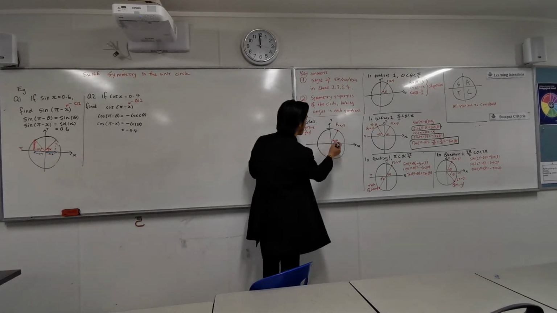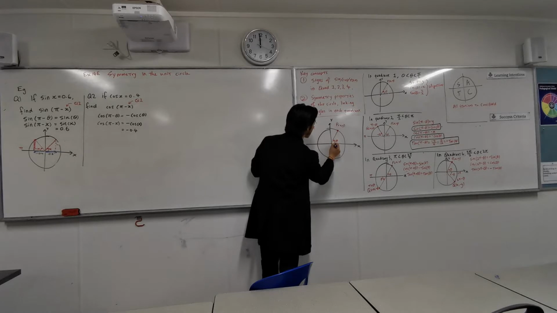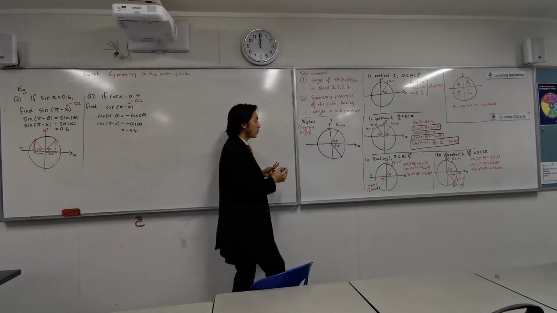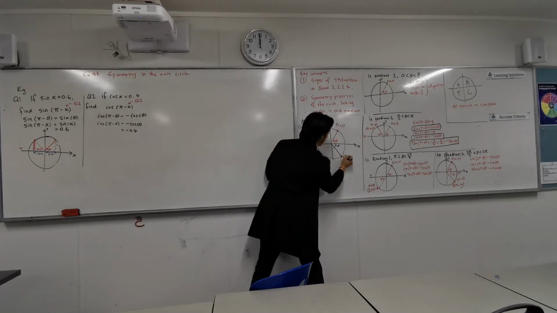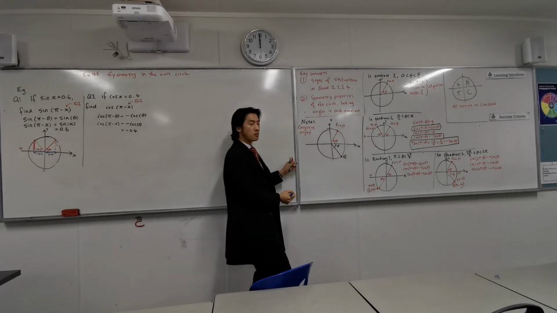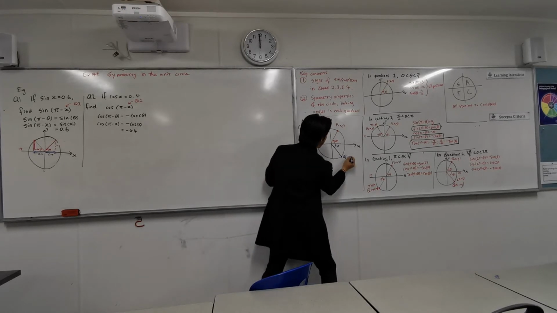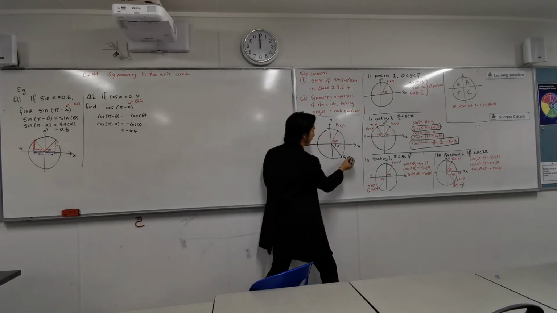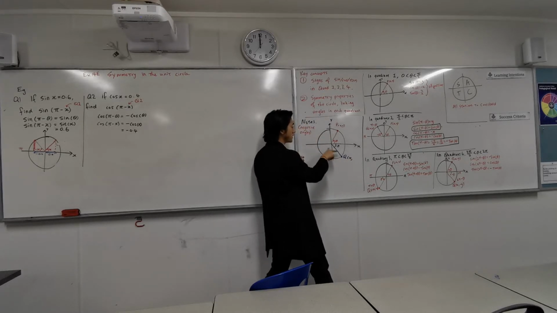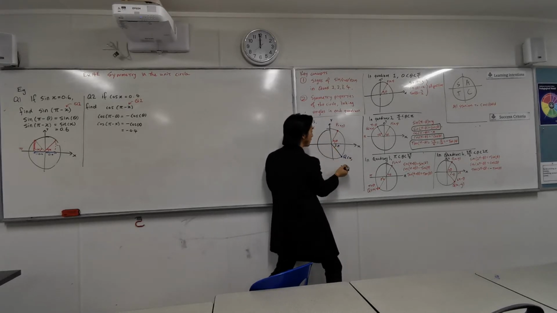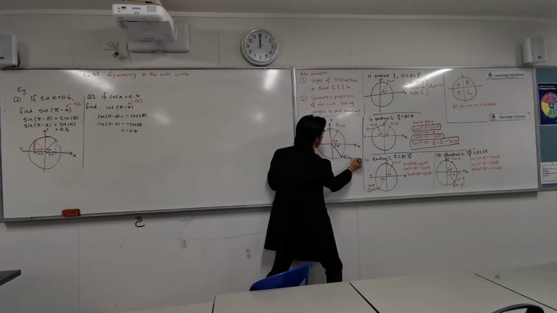If we go clockwise by negative theta, then what we get is point Q, where the coordinates would be positive x, because x is still pointing in the direction to the right, and negative y.